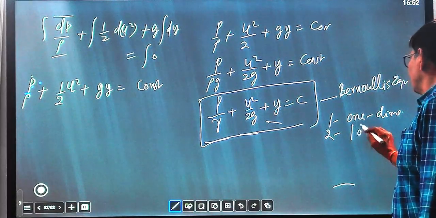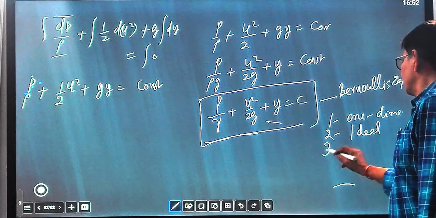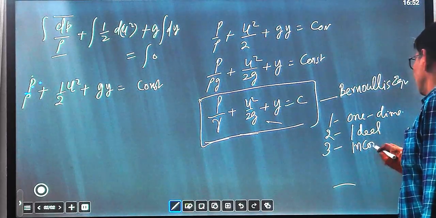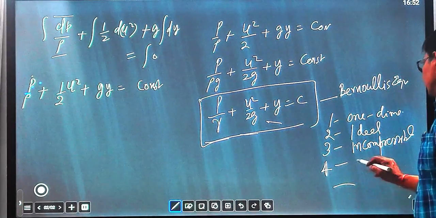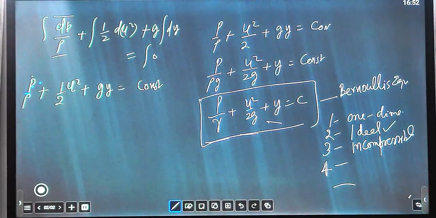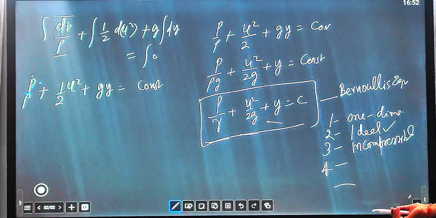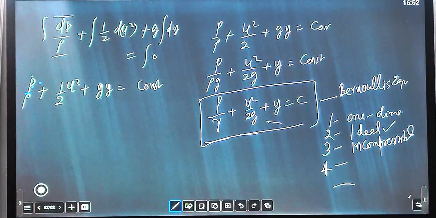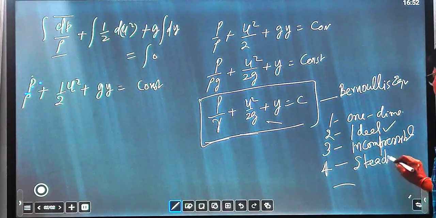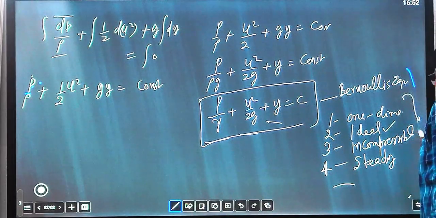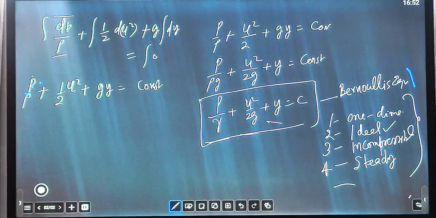Number 2, ideal fluid, no viscosity. Number 3, incompressible. Number 4, inviscid, which is already covered. One-dimensional, ideal, incompressible and steady flow. Four important conditions are there, which are sometimes asked in competitive examinations.